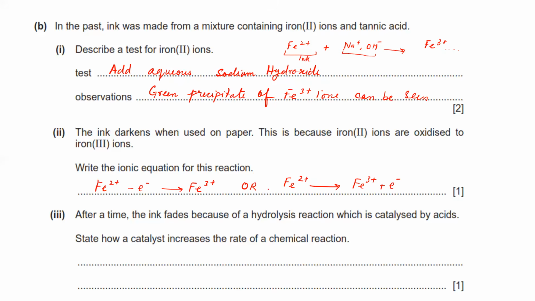Both equations are the same. Generally this equation is more common in the books, so you can go with that. Otherwise, writing it like this is also fine. Both mean the same: iron 2 positive is losing an electron and becoming iron 3 positive. This flow gives a better picture of it. Otherwise, the literature goes with that, which is also fine. Iron 3 positive gains an electron and becomes iron 2 positive.